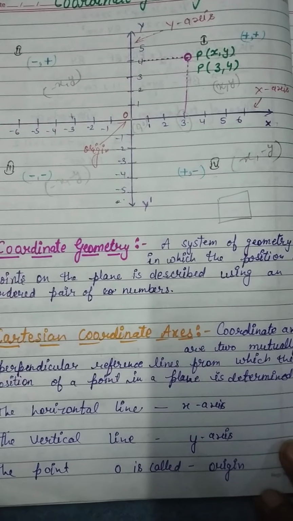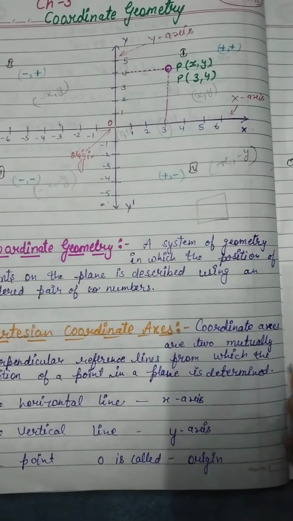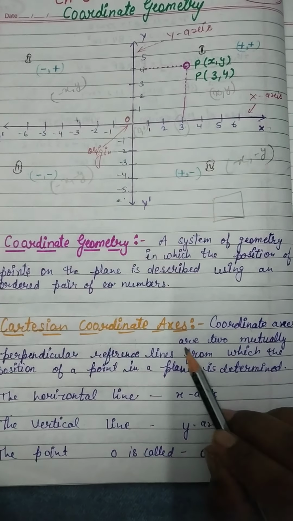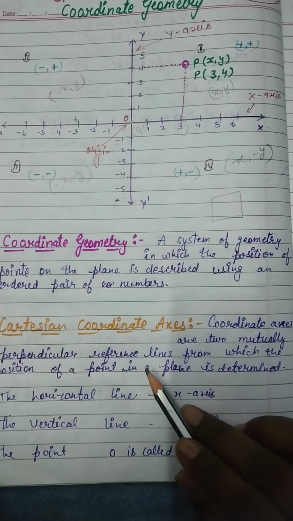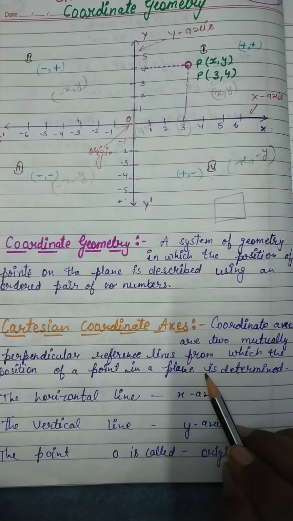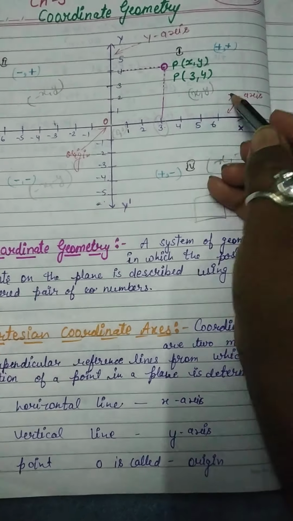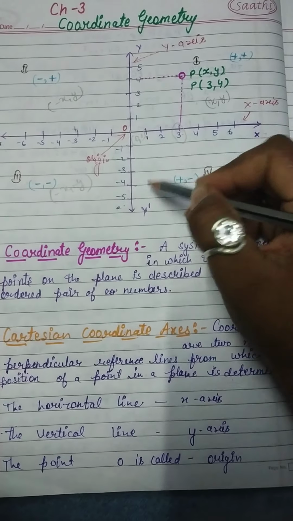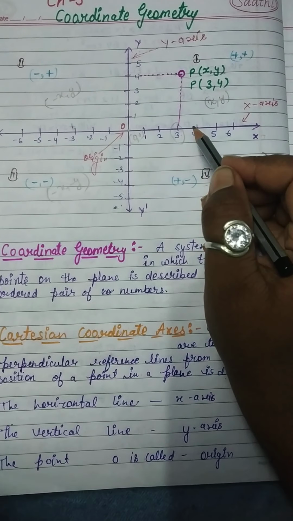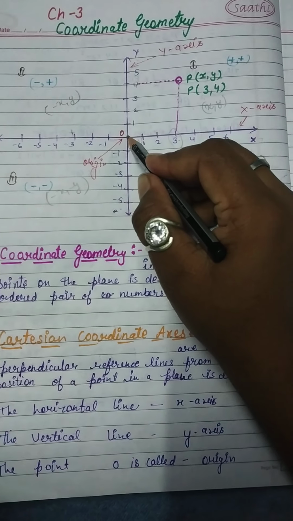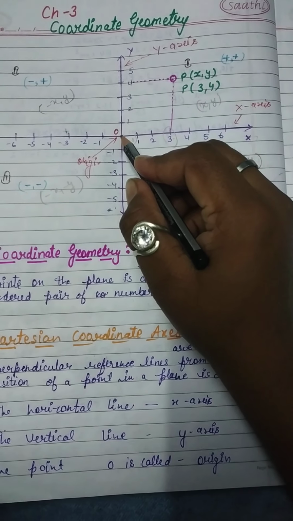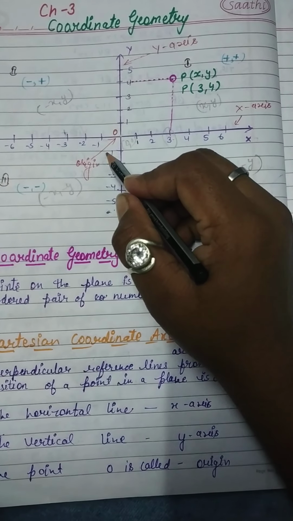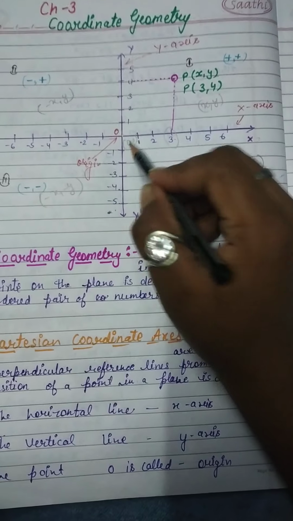Now the Cartesian coordinate axes. The coordinate axes are two mutually perpendicular reference lines from which the position of a point in a plane is determined. This is the x-axis, this is the y-axis, and both are perpendicular to each other. The intersection of the x-axis and y-axis is the origin, and the coordinate of the origin is always (0, 0).